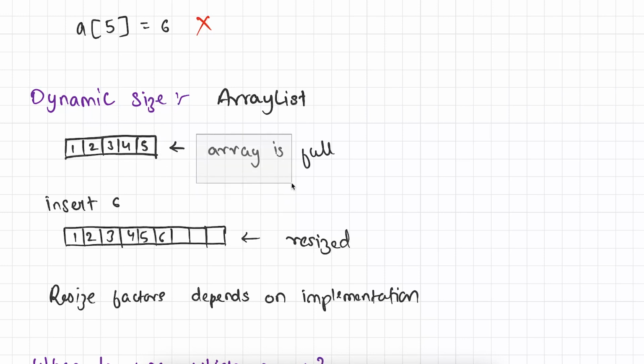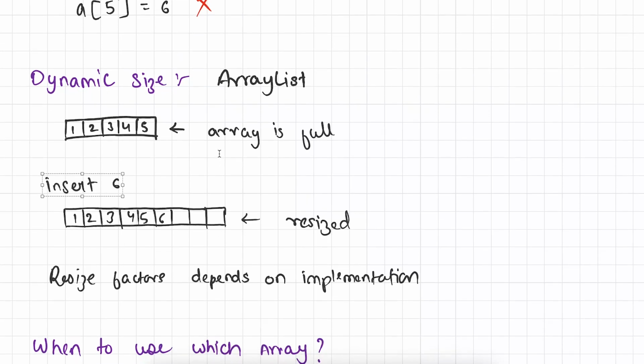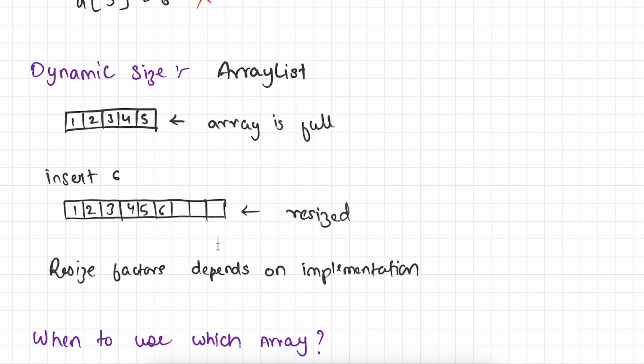Now your array is full, and you want to insert the next element at the 5th position. The dynamic size array creates a new array with a size larger than the previous array, copies all the elements from the previous array to the new array, and then inserts the new element at the end. So whenever the array gets full and you want to insert a new element, it creates a new array, copies all the elements, and inserts the new element at the end.